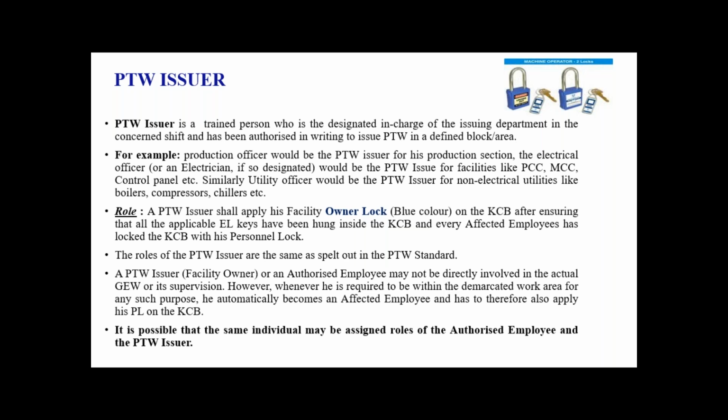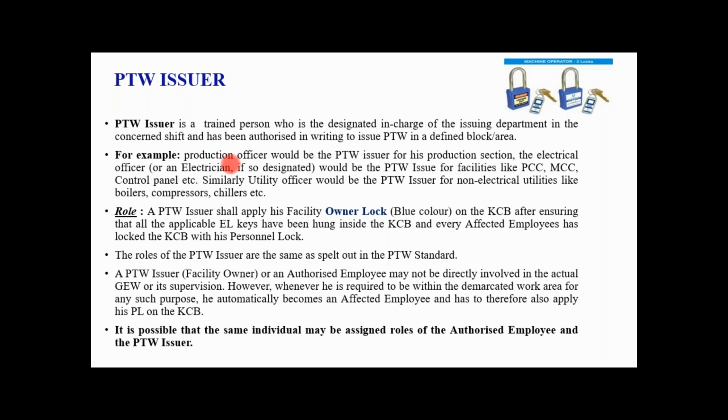The expert person who knows about these various conditions where we can use the permit to work system is called the permit to work issuer. This is a trained person, designated in charge of the issuing department in the concerned shift, who has been authorized in writing to issue permit to work in a defined block area.